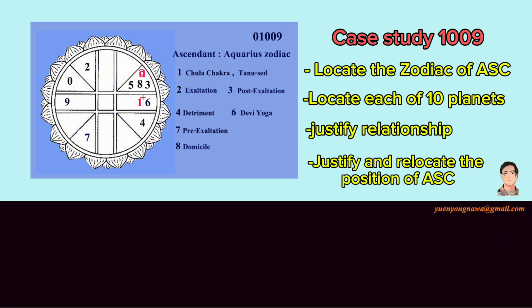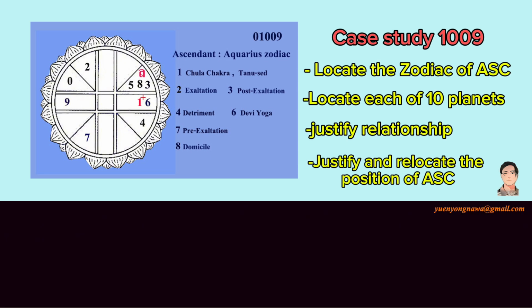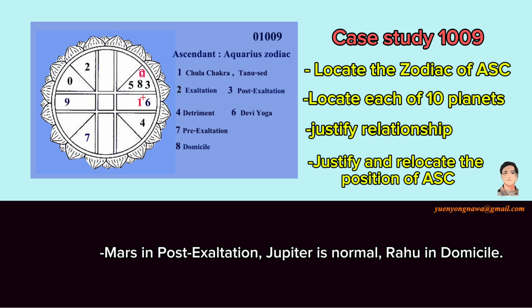ASC in Aquarius. The first house, Tonu. Mars, Jupiter, and Rahu are in conjunction with ASC. Mars in post-exaltation, Jupiter is normal, Rahu in domicile.